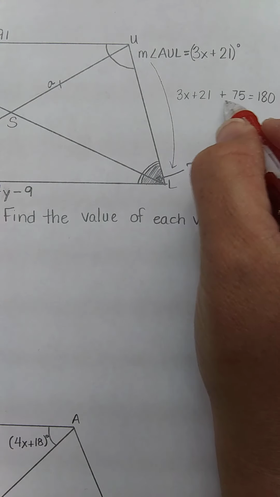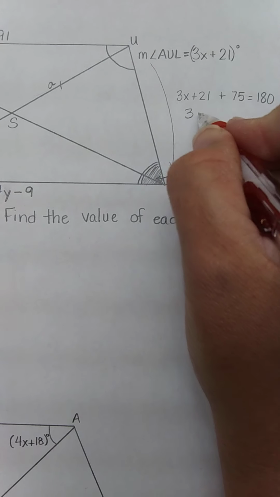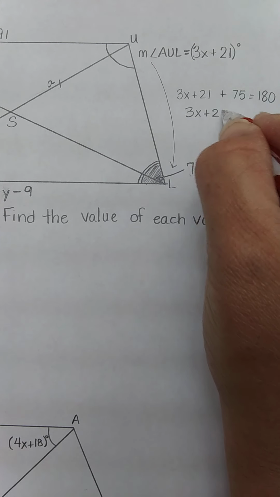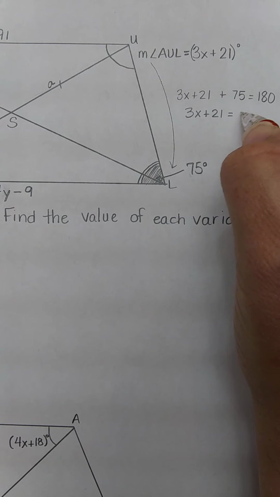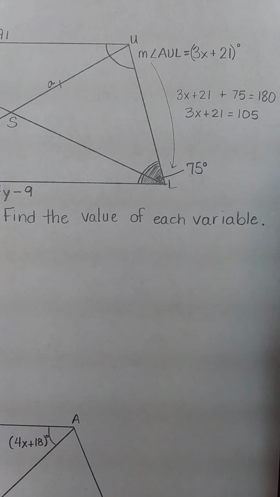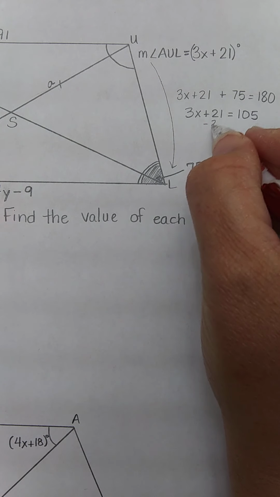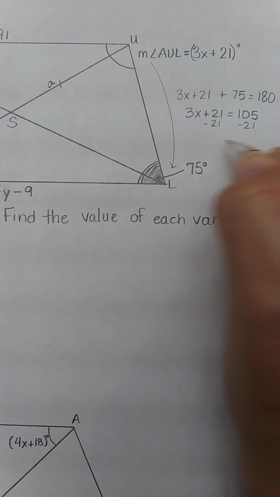Some people just like to go ahead and subtract that 75, and they say, hey, I know this angle up here needs to be 105 degrees, and then solve it that way. That's fine, whatever way you want to do it, doesn't matter to me. If you want to collect the 21 and the 75 first, that works, you still get the same answer.